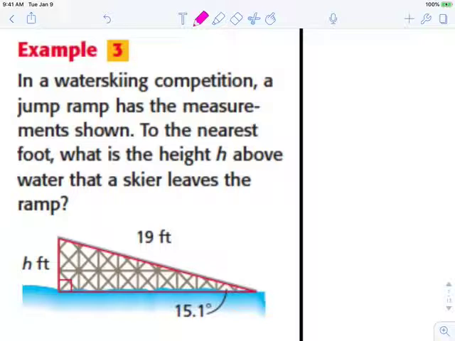To get to degree mode, let me know. You have your graphing calculator up? Okay, so you want to click on mode. You want to go down to where it says, third one down.